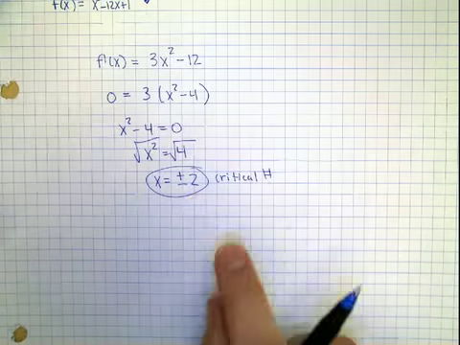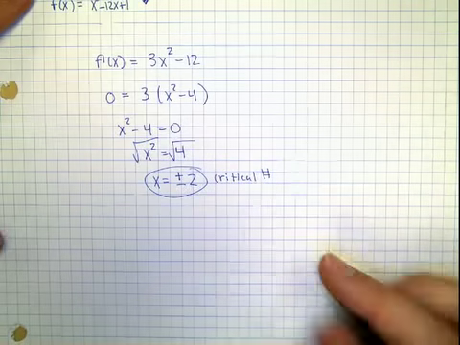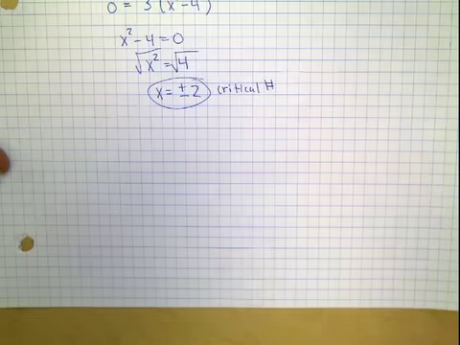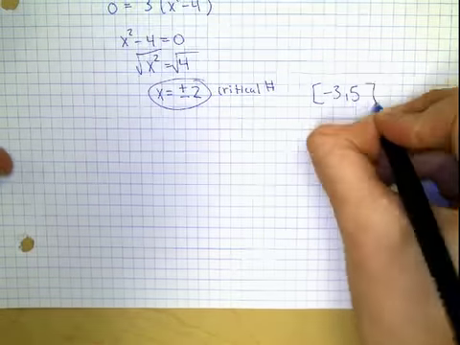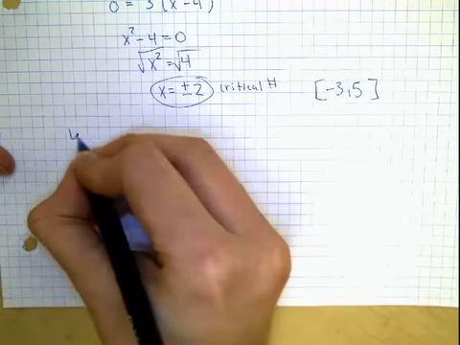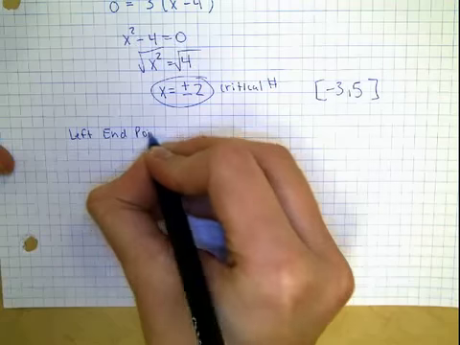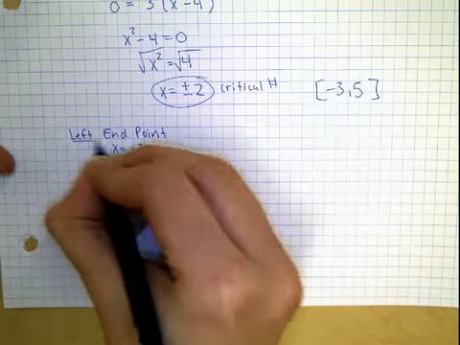Now I'm going to get a little more specific. I want the absolute max and min, which means I need to build a table to show some work here. Once you find the critical numbers, remember we wanted to find it on an interval from -3 to 5. Let's go down here and write left endpoint. Our left endpoint on this graph is at x equals -3.